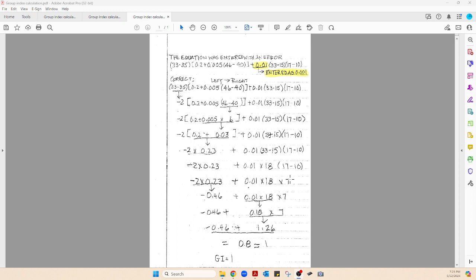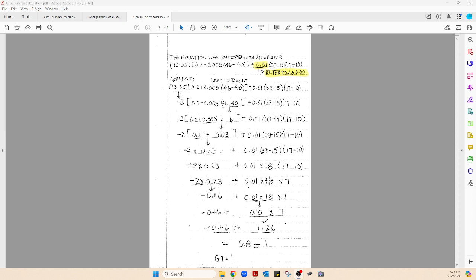So that becomes 0.01 times 18 equals 0.18.